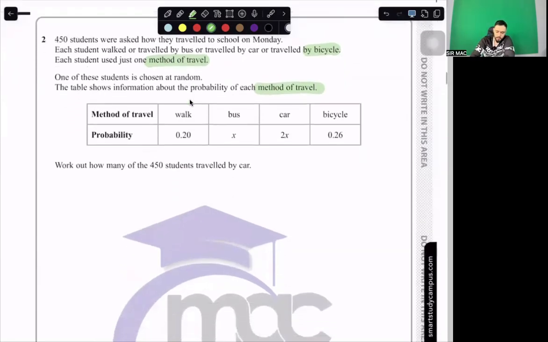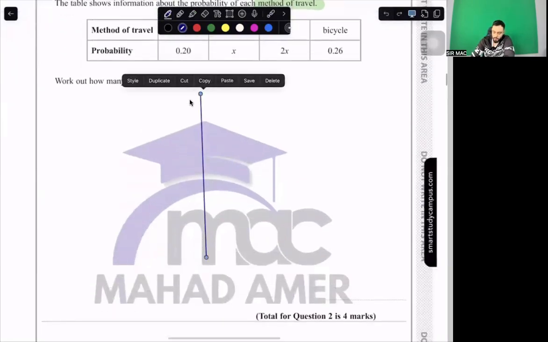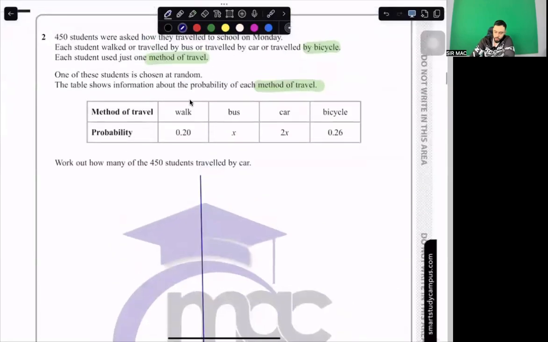Okay. First of all, if you need to know how many travel by car, you basically need to have 450 and multiply it by the probability of going by car. That's always the case: the total times the probability of going by the car.